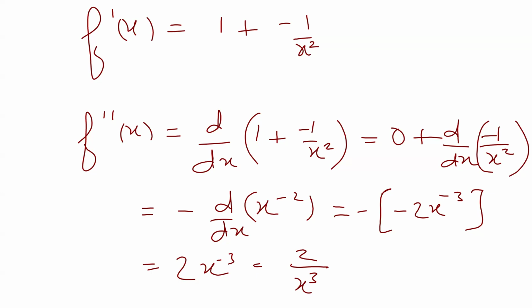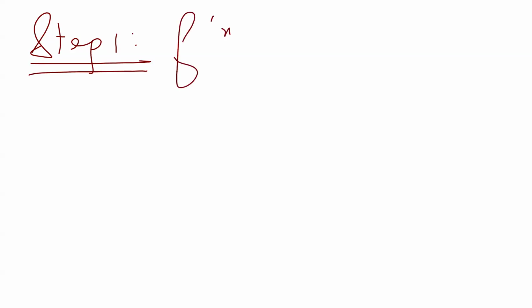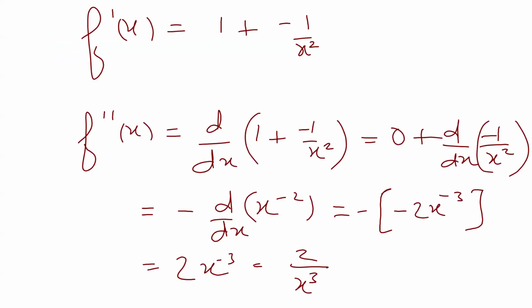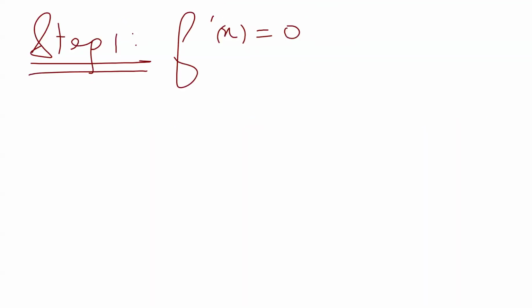Step number 1. f dash x is equal to 0. Now what is f dash x? f dash x is 1 minus 1 upon x square, plus into minus is minus. So 1 minus 1 upon x square equal to 0.